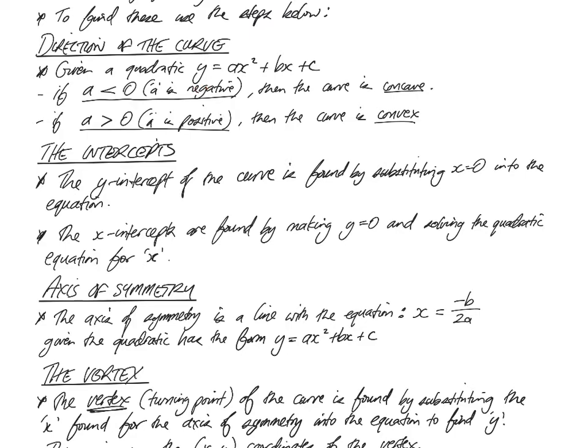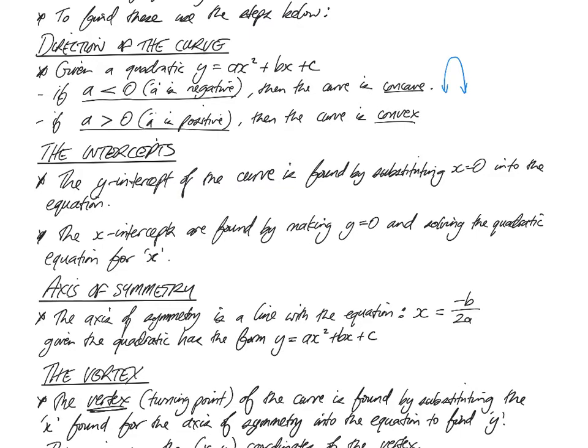Most of the time you're going to want to put your quadratic in this form: y is equal to something x squared plus something else x plus a number. If a is less than 0, so a is negative, then the curve is concave. What do I mean by concave? The hump or turning point is pointing upwards, so it looks like the mouth of a cave.